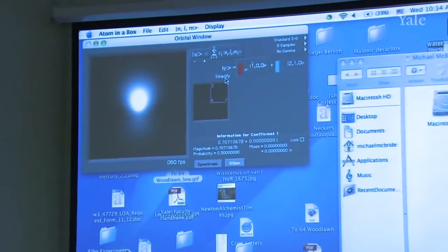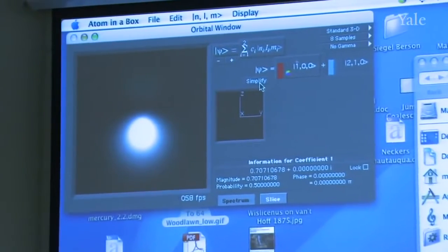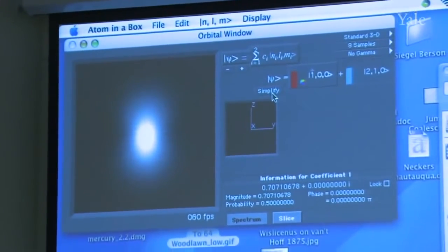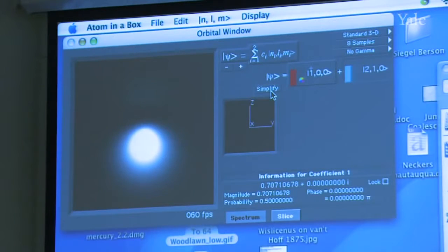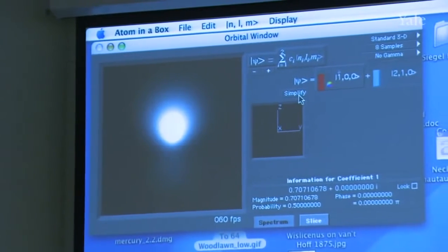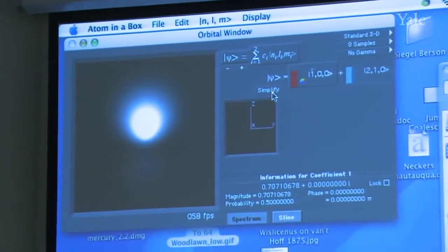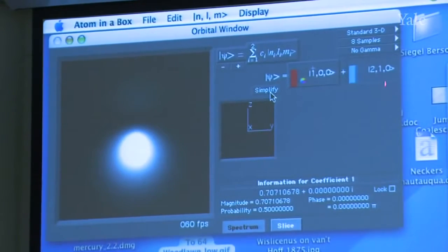Okay, you can see the shift, as we saw last semester, from mixing 2s with 2p. Remember, that'll shift the electrons from one side to the other nucleus, depending on the hybridization. We can see the oscillation of electron density that comes from mixing orbitals with different energy. And that's what's involved here. You'll notice over here we've got a mixture of the 1s with a 2p orbital.